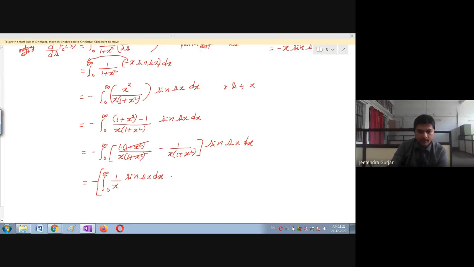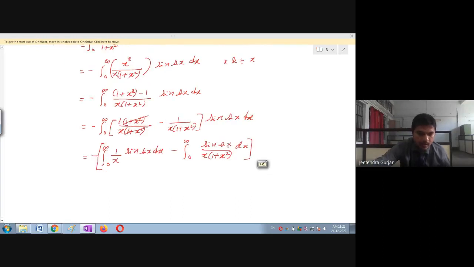Here we have minus, so I will keep minus as it is. Integration I will take inside the bracket. So integration 0 to infinity, here it is going to become sin sx I will take inside divided by x into 1 plus x square, dx. Till here it is clear, students?